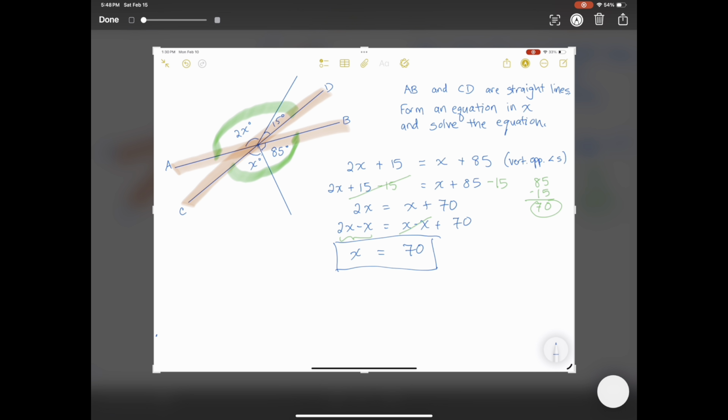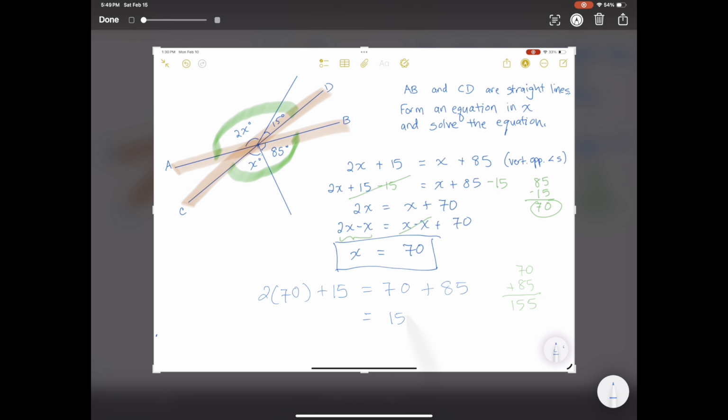Go back to the original equation, 2x plus 15 equals x plus 85, and I substitute 70 for x, which gives me 2 times 70 plus 15. Does that equal 70 plus 85? 70 plus 85, I do that calculation on the side and I get 155.